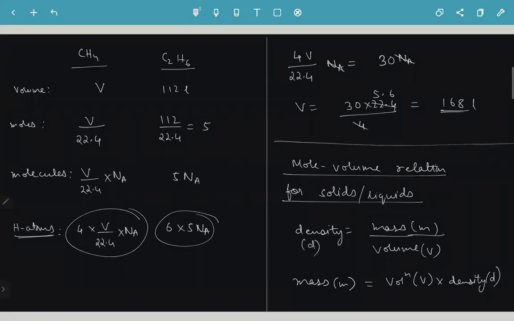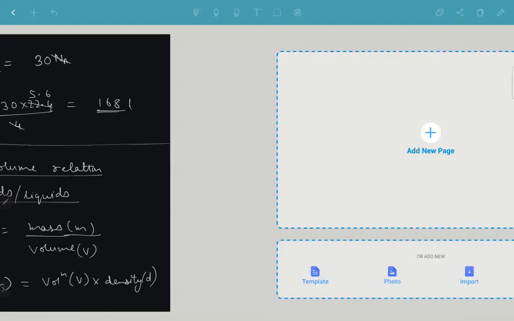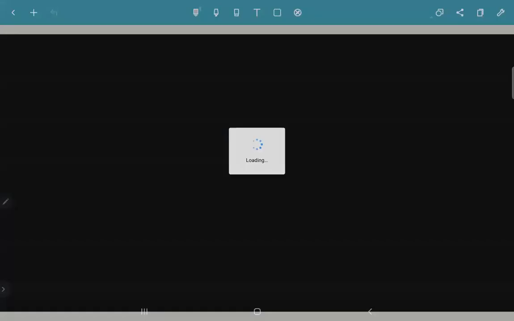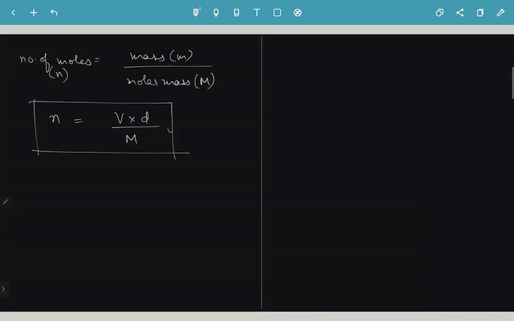And number of moles is mass upon molar mass. So we'll get number of moles equal to volume into density upon molar mass. We get the volume and number of moles by this equation. ठीक है. वॉल्यूम को डेंसिटी से मल्टीप्लाई करके टोटल मास कैलकुलेट करेंगे.